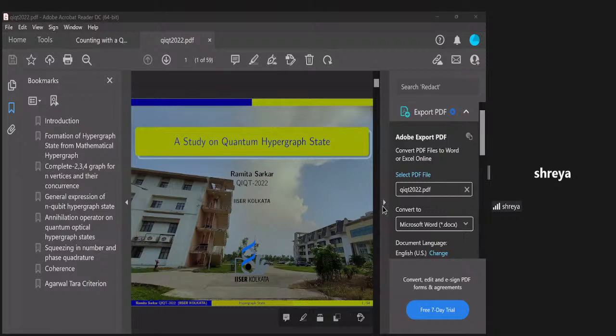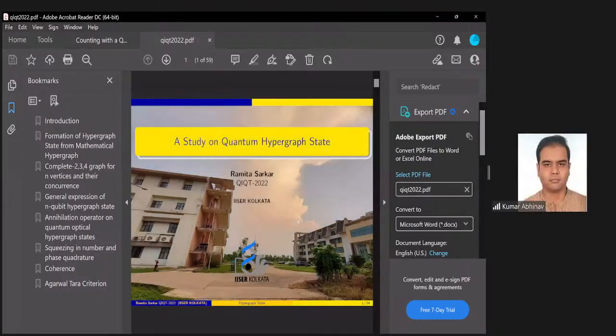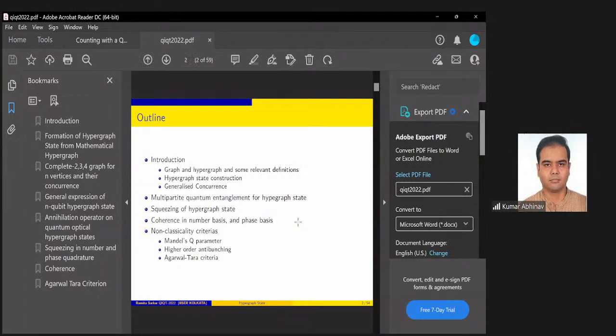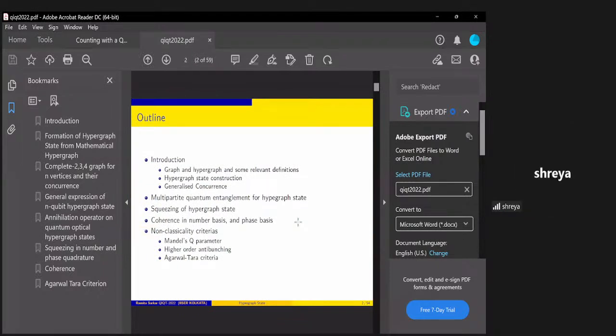Sorry for the delay. I am starting from the beginning. I am going to discuss hypergraph and hypergraph state. And from the very beginning, we are discussing graph. After that, construction of hypergraph state from mathematical hypergraph and generalized concurrence. After that, we'll come to the multipartite quantum entanglement for hypergraph state.